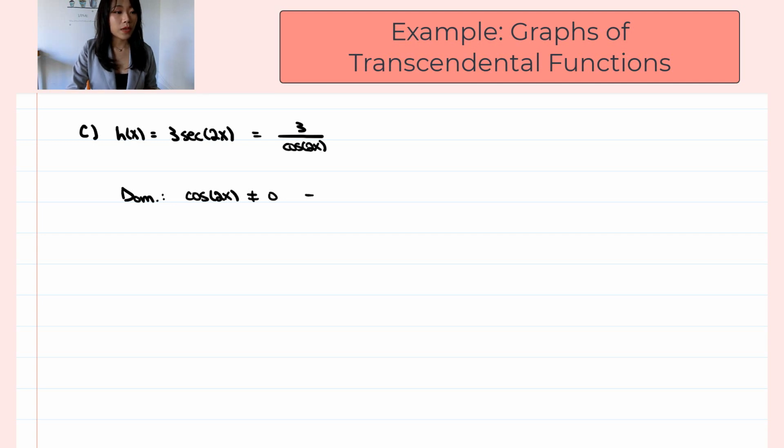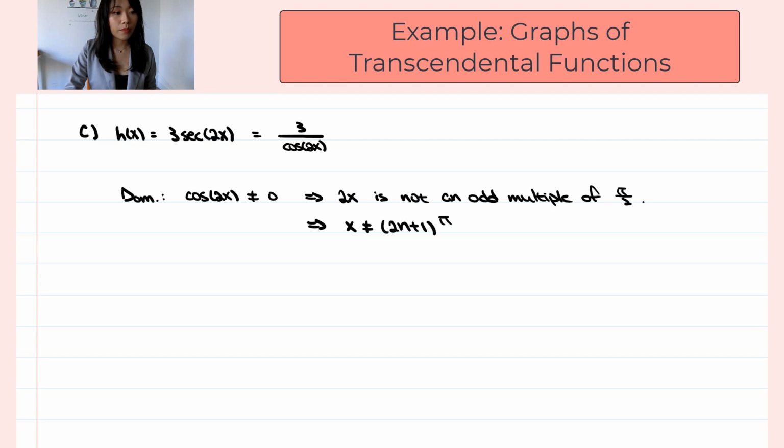So we need 2x to not be an odd multiple of pi over 2. Or we can express that as x does not equal (2n plus 1) times pi over 4, for n an integer.